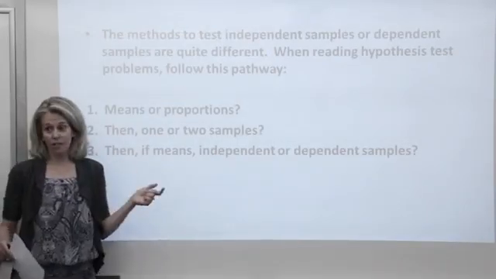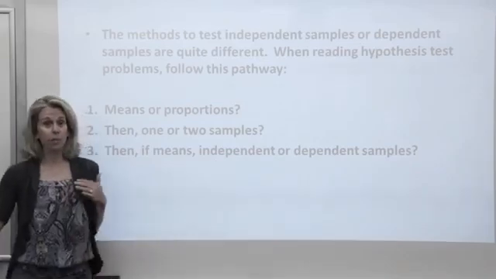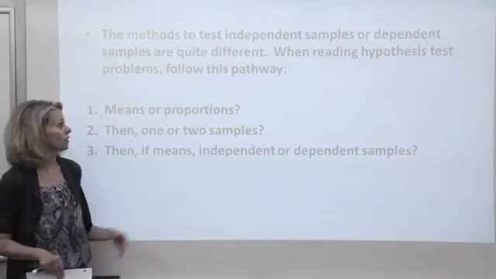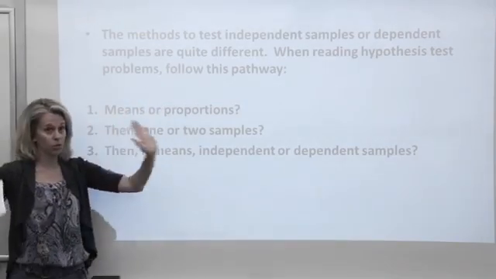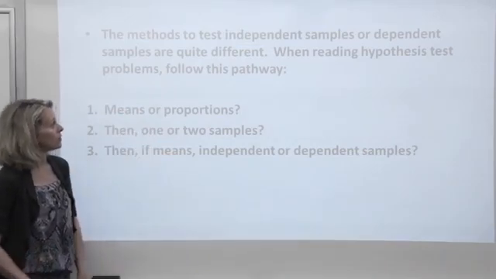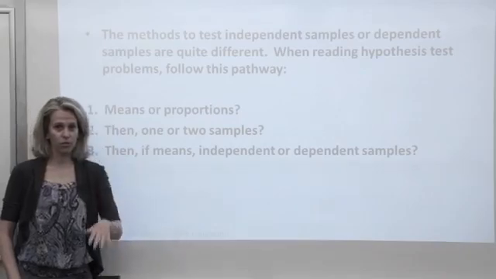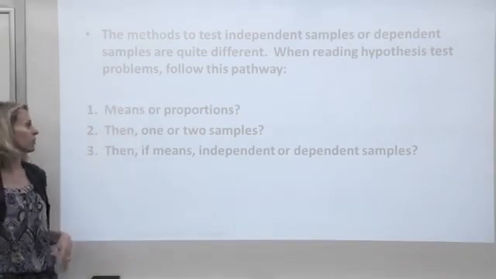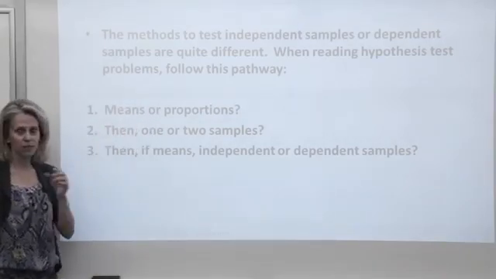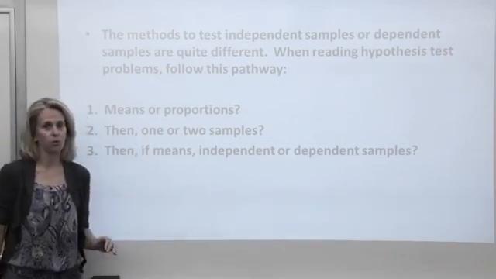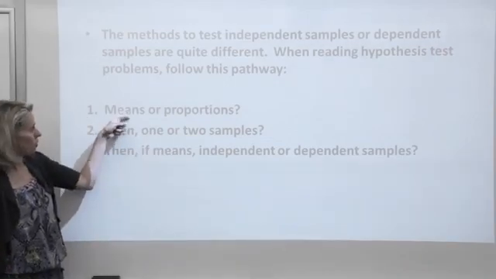The methods for testing independent samples or dependent samples are quite different, and so it's going to be important that we know which scenario we're dealing with. When reading a hypothesis test problem, you want to ask yourself a series of questions, in this order. First, does this problem deal with means or proportions? Is your variable quantitative?